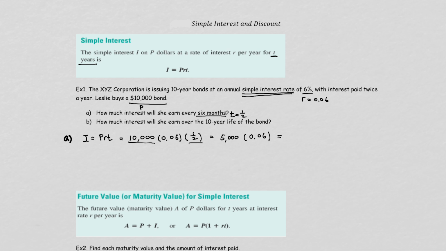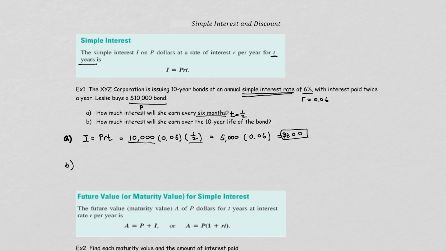That gives you 300. So with simple interest, $300 every 6 months is what Leslie is going to gain. That's for A. For B, how much interest will she earn over 10 years?